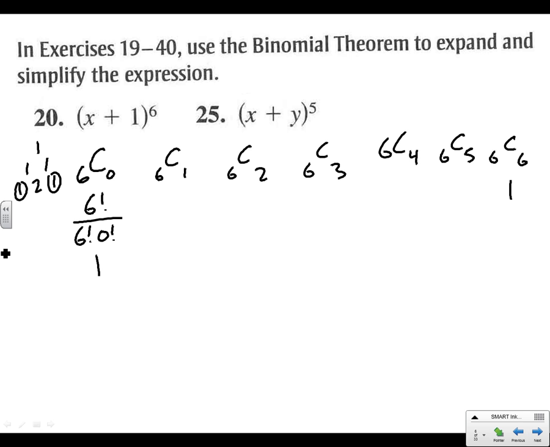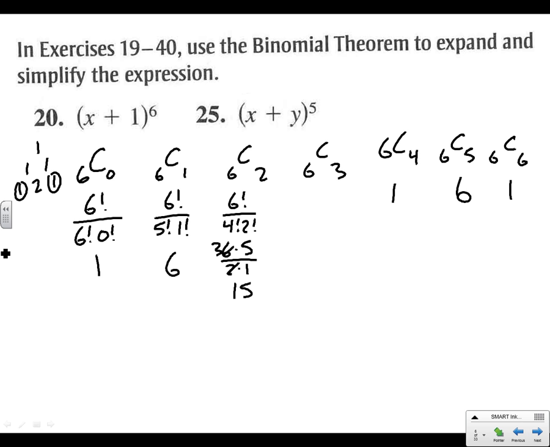So if we know the first term, we also know the last term over here is going to be 1. Let's figure out the next one, 6c1. This is 6 factorial over 5 factorial, 1 factorial, which is going to be 6. So we've got 6 over here. Then we've got 6 factorial over 4 factorial, 2 factorial, which is going to be 6 times 5 over 2 times 1. 3 times 5 is 15.